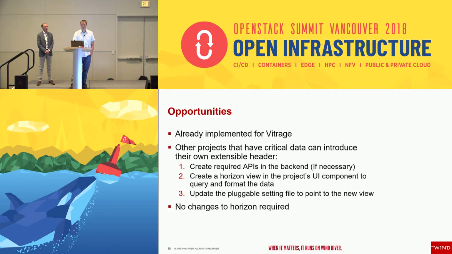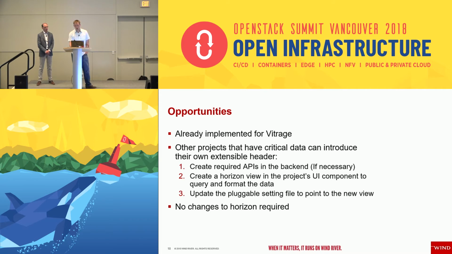Maybe everything's already there and you don't need anything else. Varies. You also need to create that Horizon view in the project's user interface component to query and format that data via a template. And then you'll need to update the pluggable settings file to point to that new view that was configured.